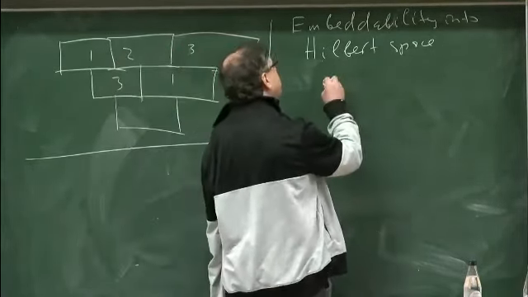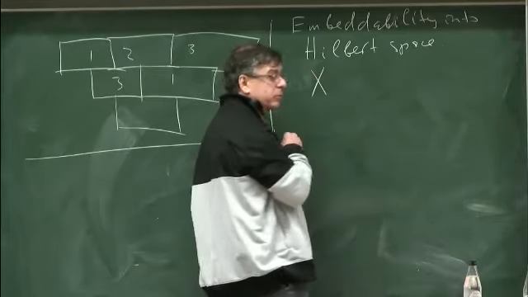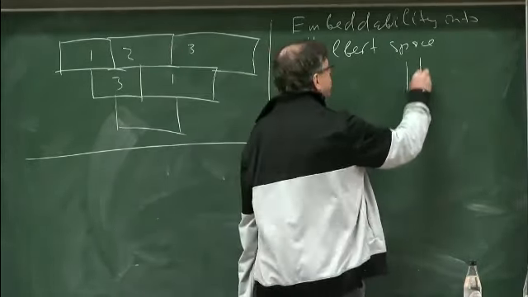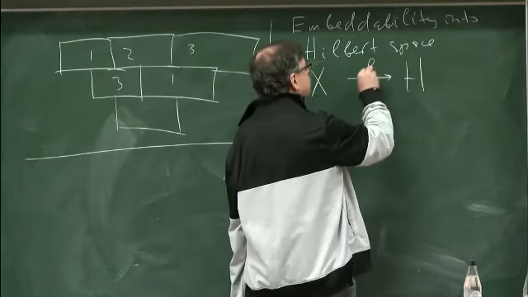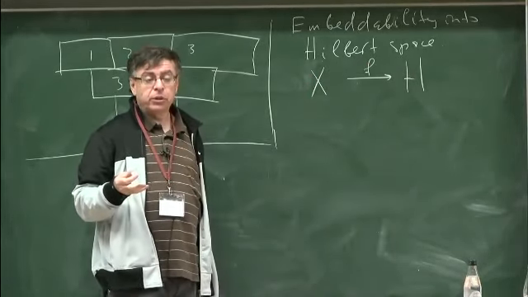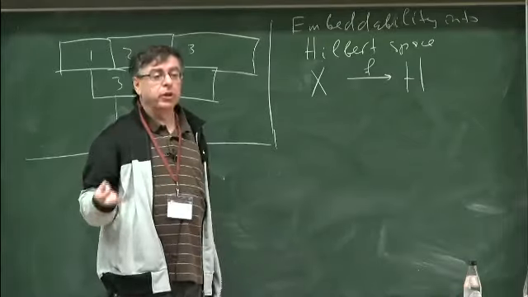So if you have, say, a metric space X, for example, again the Cayley graph of a group, and you have a Hilbert space, we are interested in a function which may distort distances, but it distorts distances in a controlled way.